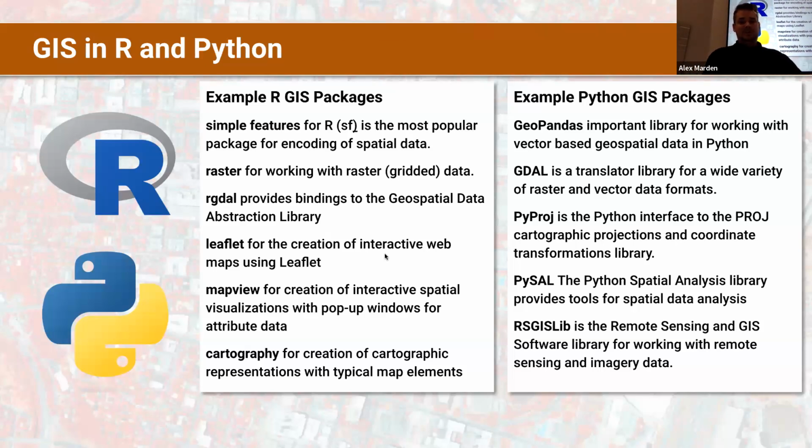But if you're interested in working with census data, there are specific packages for both Python and R, bespoke census packages that allow you to go in and produce a map really smoothly and easily.